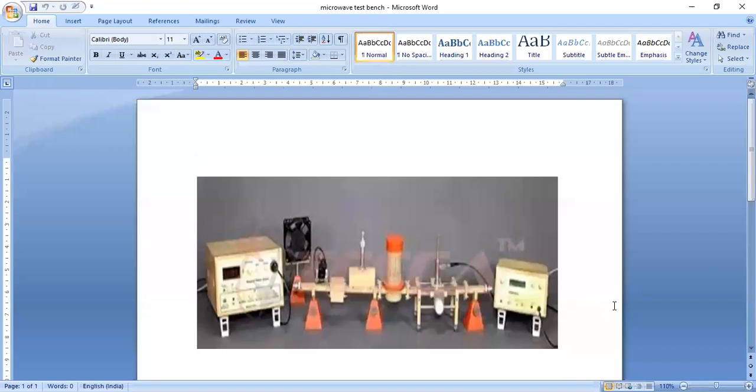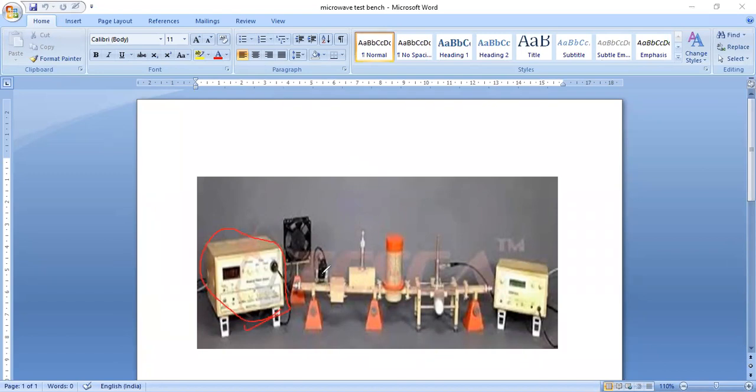This is the microwave bench setup. This is the reflex klystron power supply. It has beam voltage and it has a repeller voltage. So you might have already observed this reflex klystron power supply.